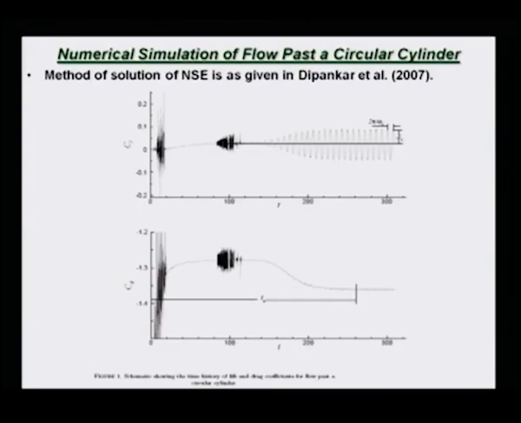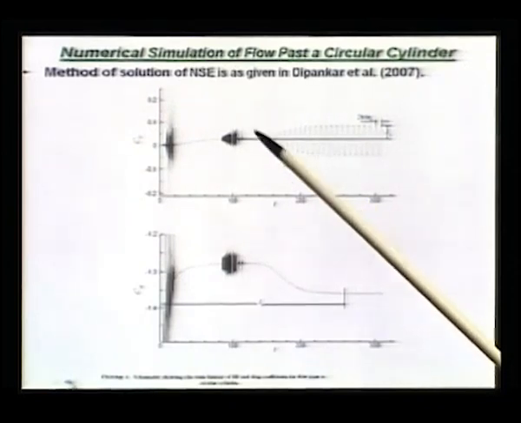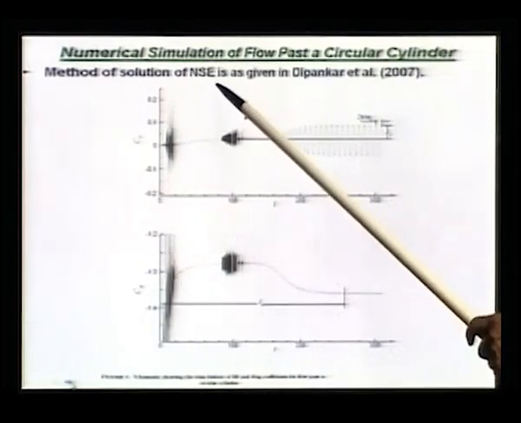Now, let me show you some numerical results, or maybe I should go over to a better quality picture, but still let's try to understand what we are seeing here. It's basically a numerical solution of the two-dimensional Navier-Stokes equation.